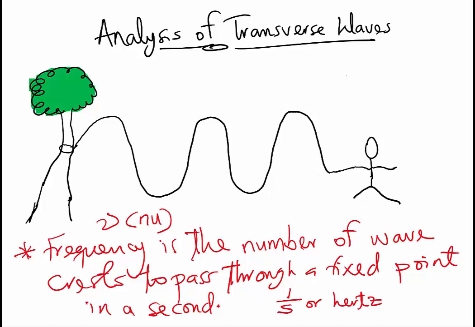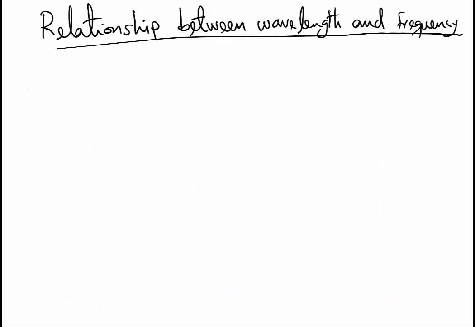The question then is this: is the wavelength of a wave related to its frequency? Yes. The relationship between the wavelength of a wave and frequency can be written as an equation.